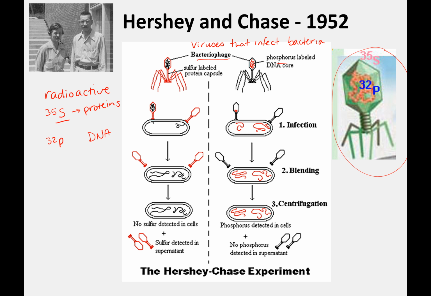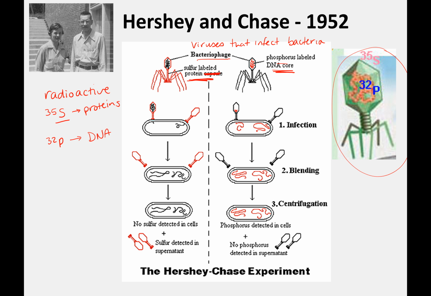Now remember, I said viruses can have DNA or RNA as their genetic information. They happen to be working with a DNA virus. And so what happened is they would have two sets of these bacteriophage, one with radioactive proteins, and this is horrible that they say capsule, I need to fix that, and one with radioactive DNA.